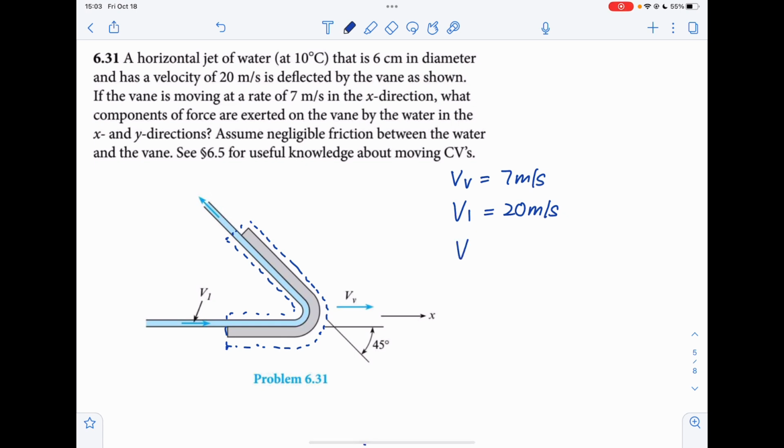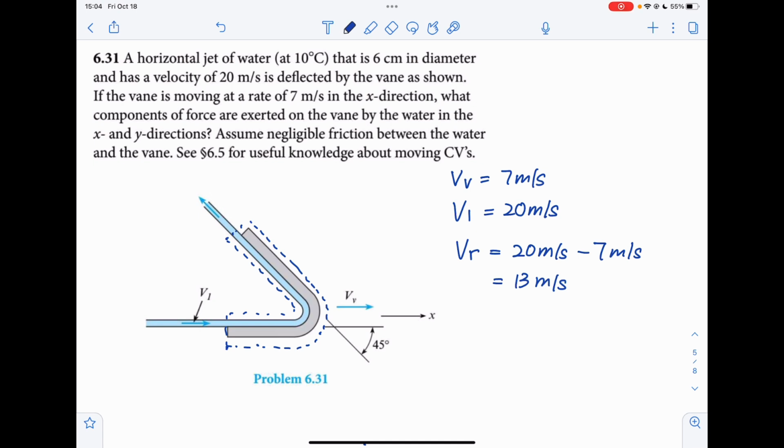So the relative velocity, let's say VR, will equal 20 meters per second minus 7 meters per second, because they are in the same direction. So from the point of view of the control volume, the V1 coming in is actually 13 meters per second.